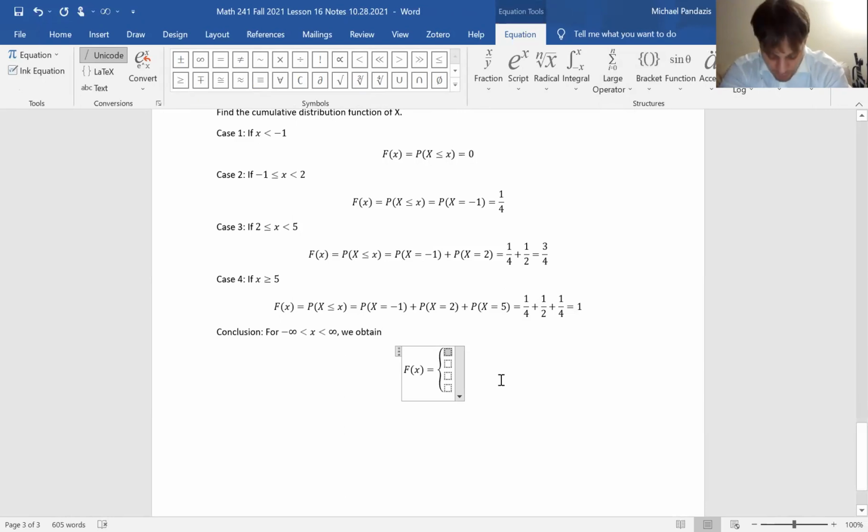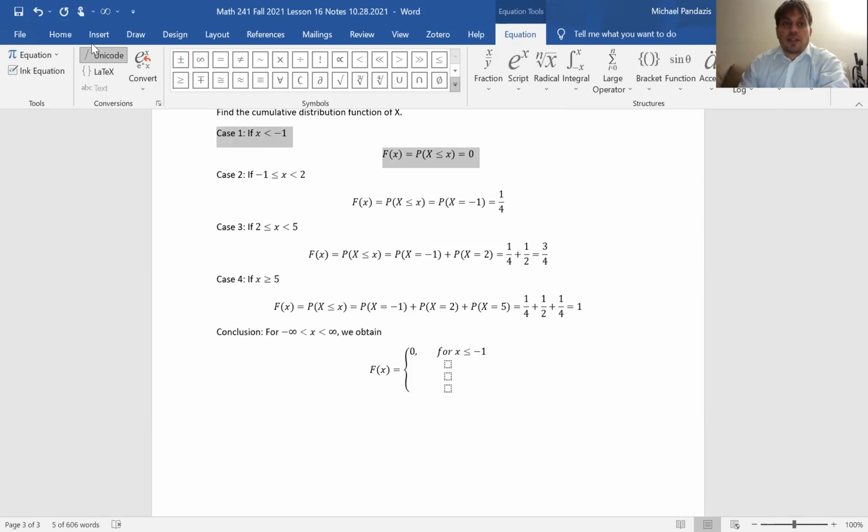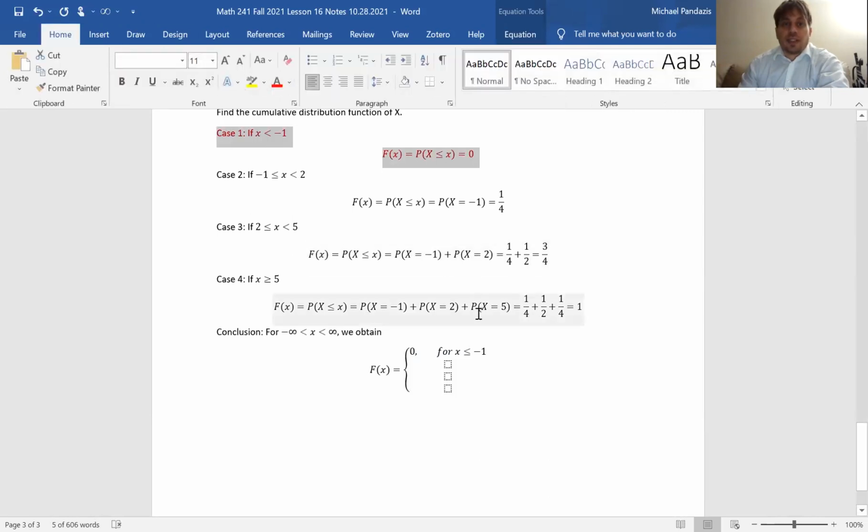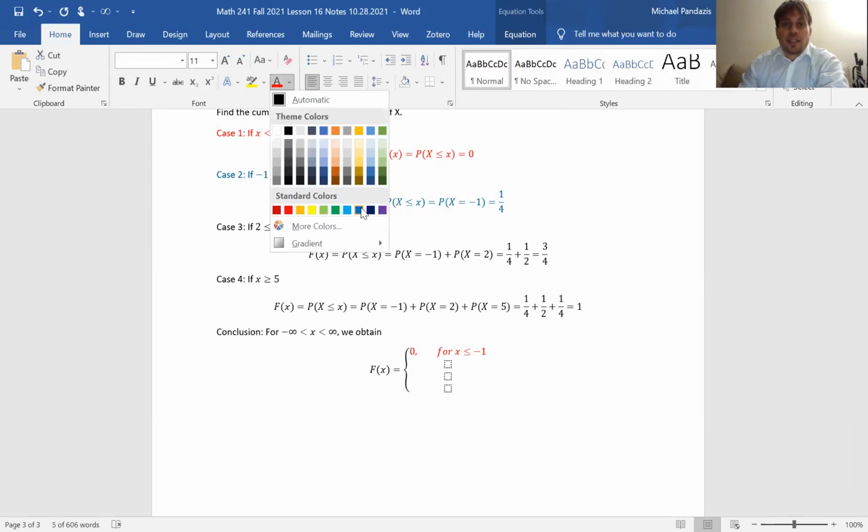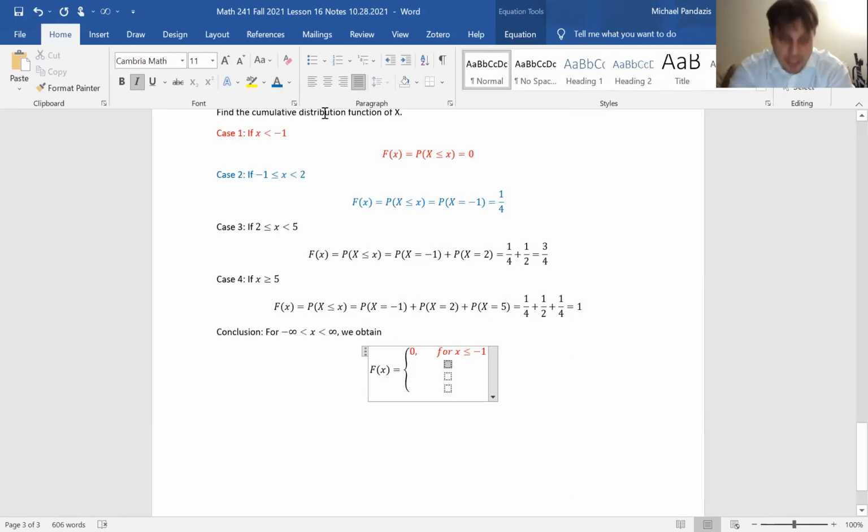For case one, the value of capital F is 0, and that's for x less than or equal to -1, as we established in case one. So that's this line right here. In case two, we determined this, and so in the second line, we say that capital F of x is equal to 1/4 if -1 is less than or equal to x, strictly less than 2.